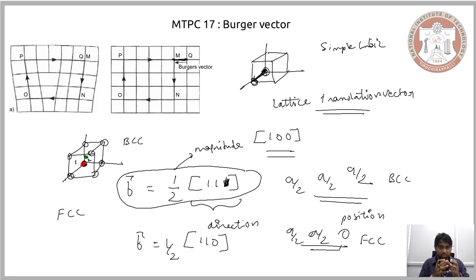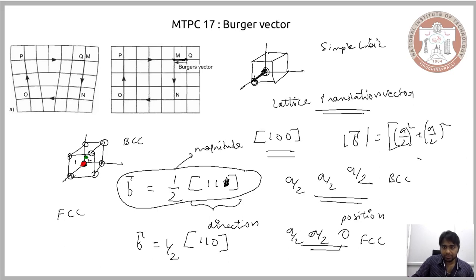So in order to consider the magnitude of the Burgers vector, we need to consider the interatomic distance. In the case of the lattice translation vectors, we need to consider the distance between the atoms. So in that case, the magnitude of the Burgers vector will be (A by 2 the whole square plus A by 2 the whole square plus A by 2 the whole square), whole power 1 by 2.